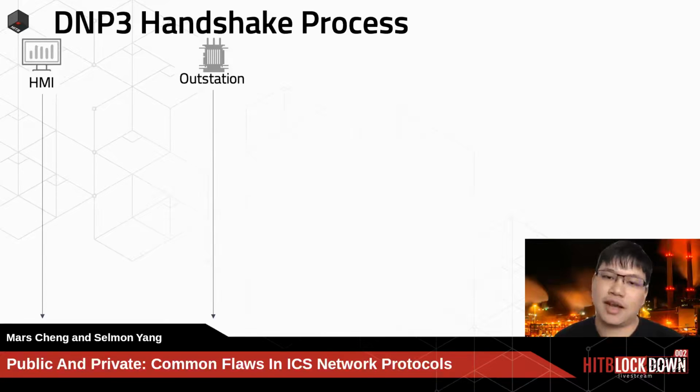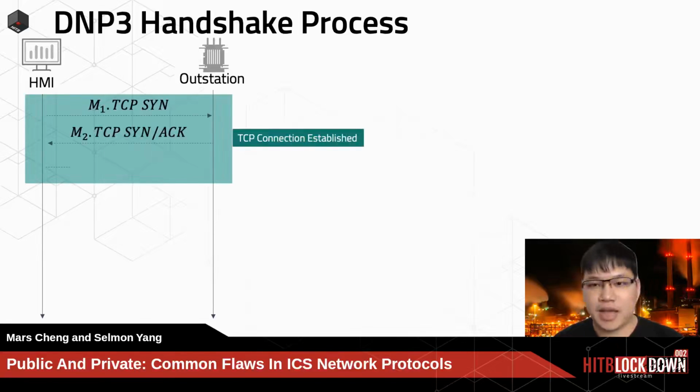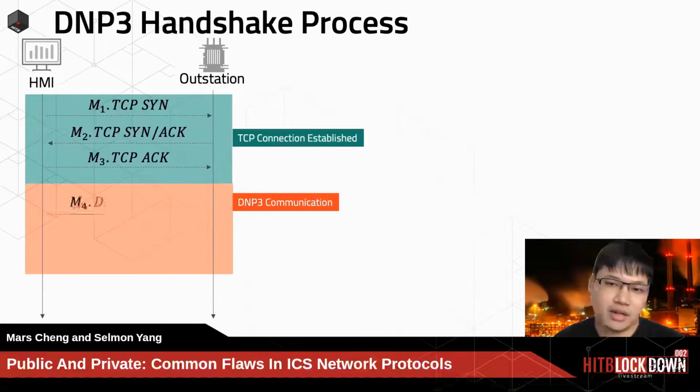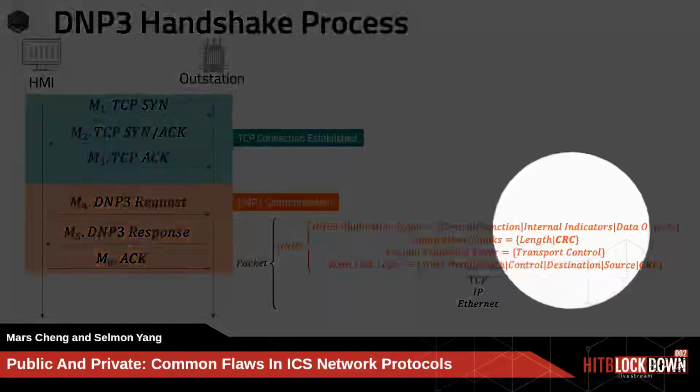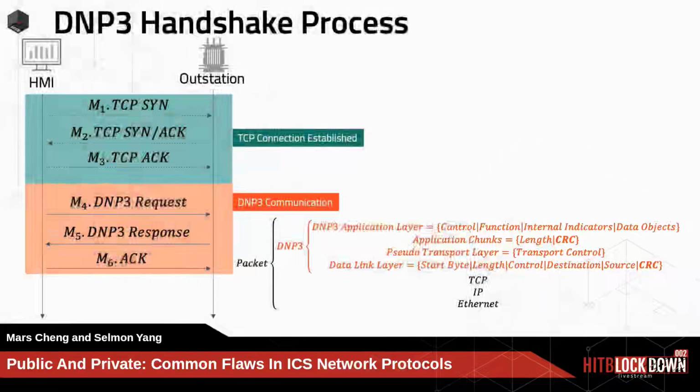The data link layer and application layer in DNP3 have a CRC, but it is easy to calculate, and in fact it cannot protect data integrity. Here you will see from message 4 to message 5, the DNP3 request and response, with the CRC, but the CRC cannot protect the entire connection and cannot protect data integrity.